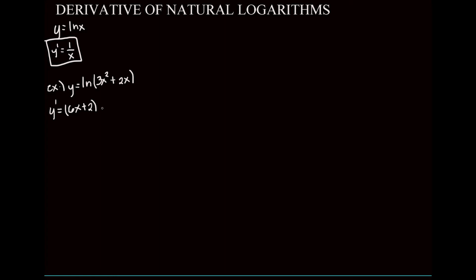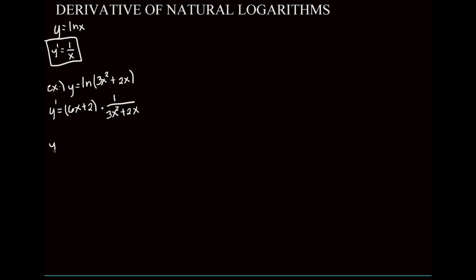Multiplied by the inverse of our outer function. So you will have 1 over 3x squared plus 2x. So let us now try to simplify this.